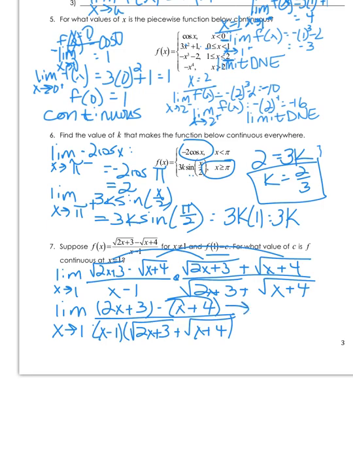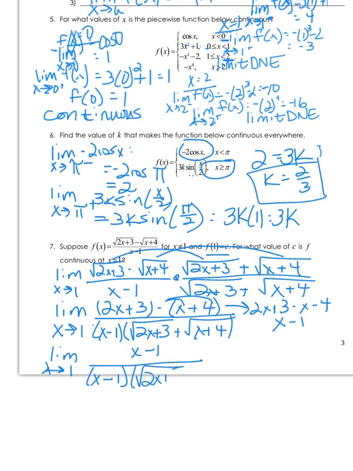I'm just going to write my numerator out here. 2x plus 3 minus x minus 4. Simplify that, combine like terms, you get x minus 1. So in the numerator, I now have x minus 1. I also, notice, have x minus 1 in the denominator. So obviously my x minus 1s are going to cancel, and I'm going to be left with 1 over the conjugate.